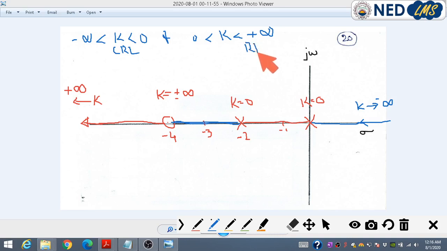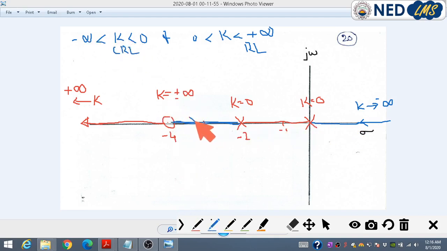Okay, so first of all, consider a branch from K minus infinity to 0. This branch starts from minus infinity, moving along the real axis, because this particular portion of the root locus belongs to CRL, and it covers K equals 0. The second branch starts from minus infinity. Definitely it will go towards 0 because it is the range of CRL.